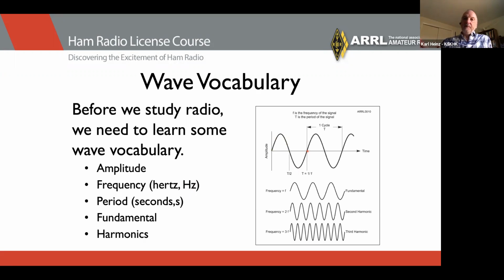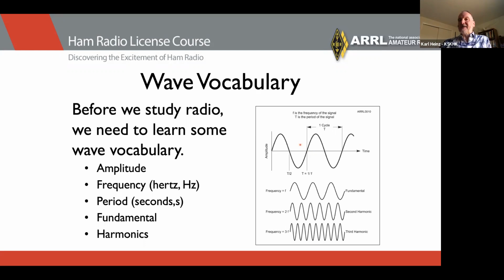With an ocean wave, it's really easy to do this with just your watch. You count how many seconds it takes from one wave crest to the next wave crest, and then you say, okay, this wave has a frequency of 1/10 of a second because it takes 10 seconds until the next wave arrives.